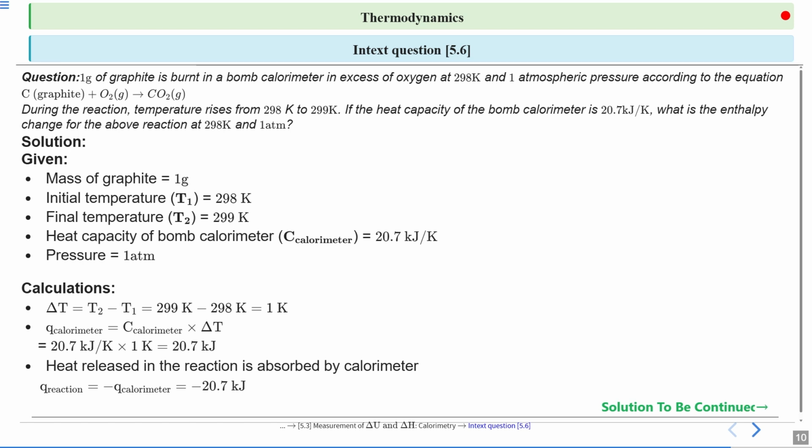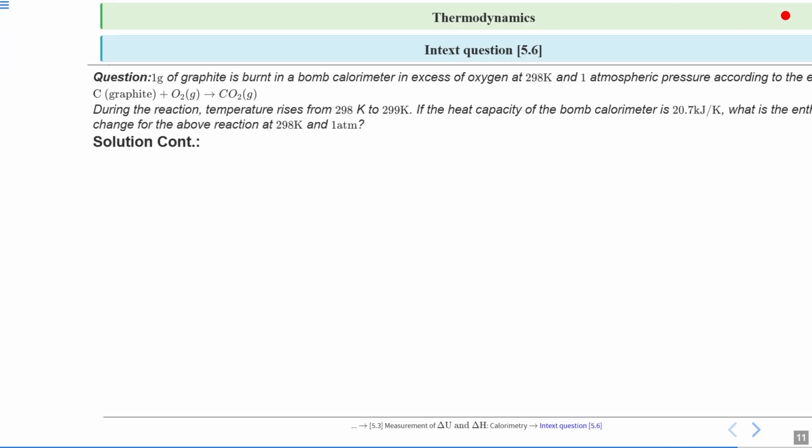Now you have the heat change for the reaction, and you have it at constant volume because the whole thing is being carried out in the bomb calorimeter. Next, we will use it to calculate the delta U and then the enthalpy.